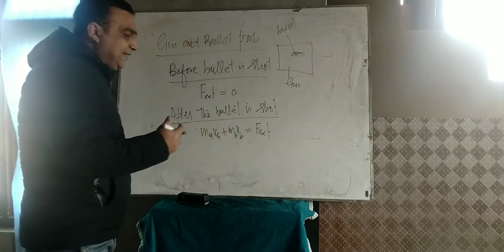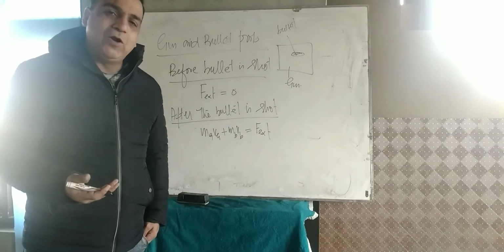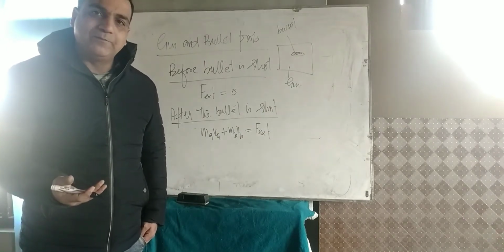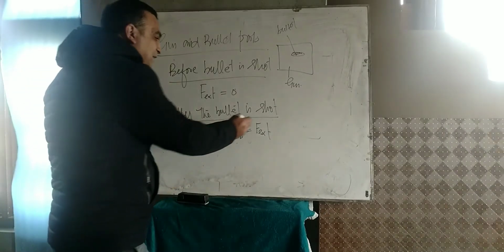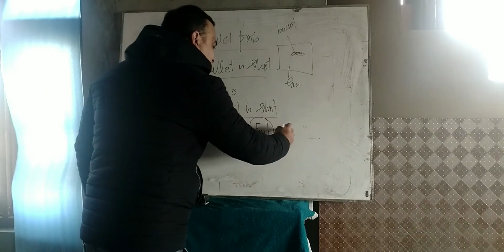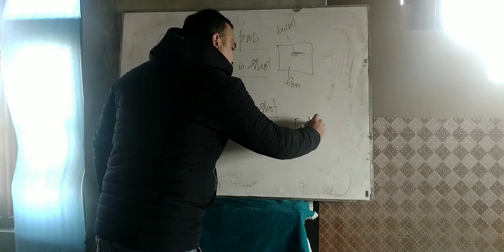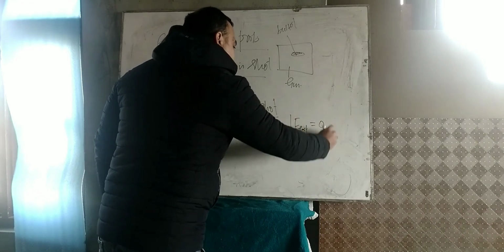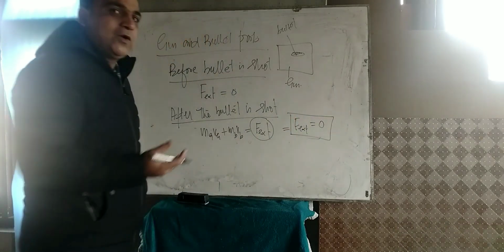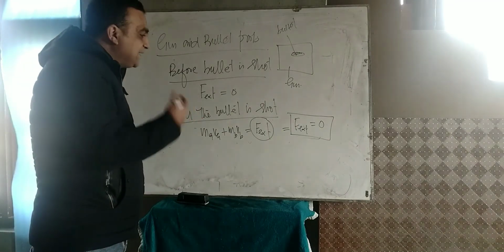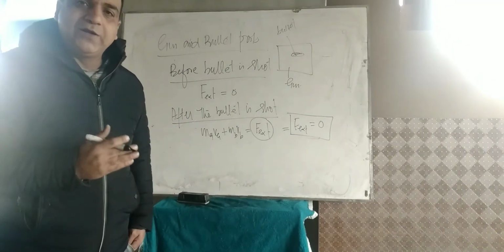But there is no external force acting on this gun and bullet problem. So this external force is 0. It was 0 when the bullet was not shot. It is 0 when the bullet is shot.